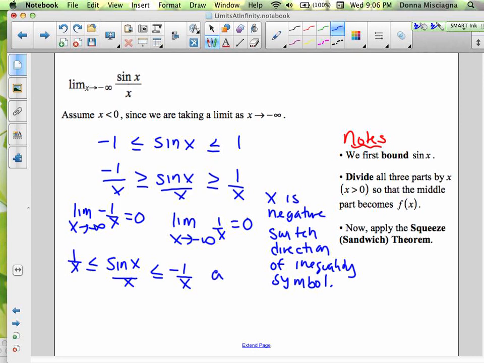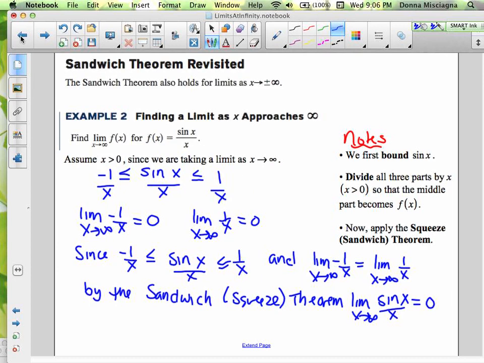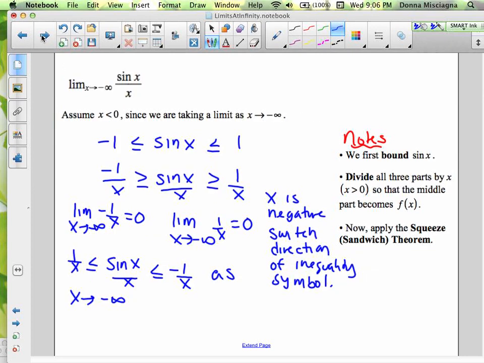And I'm going to note that as x approaches negative infinity. I probably should have done that back here. We don't really think about it when I don't have to change the inequality signs. So we'll just leave this one as is, but we'll make a little note there: as x goes to negative infinity, we had to reverse the direction of our inequality.